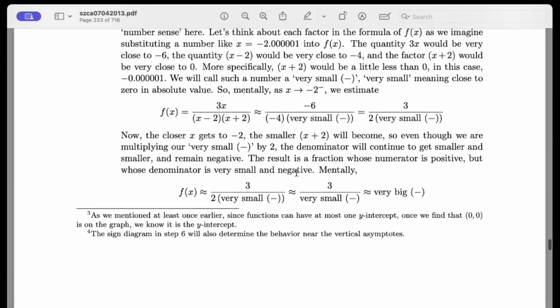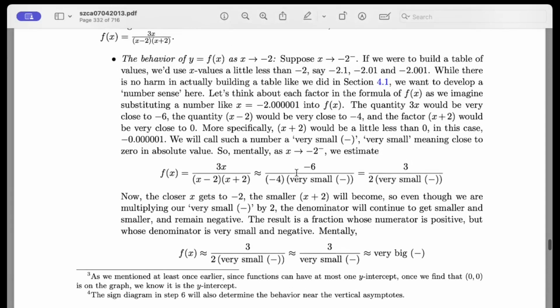Okay, so they're looking right in this paragraph about x approaching the number -2. So that left-hand asymptote. As x gets closer to -2, the smaller x plus 2 will become, because -2 and 2 cancel. You get 0.